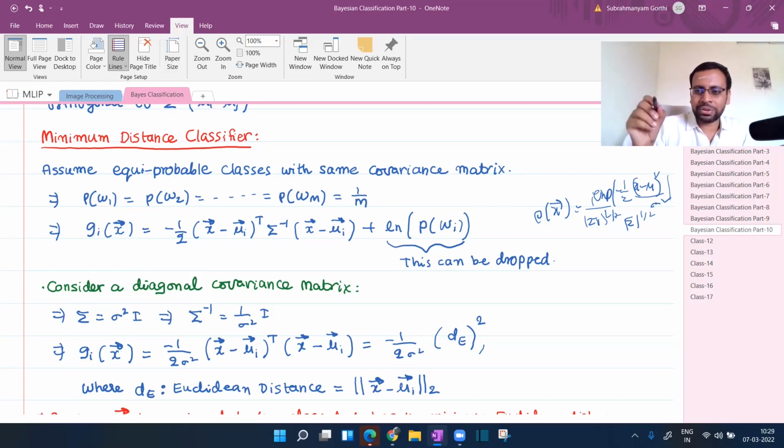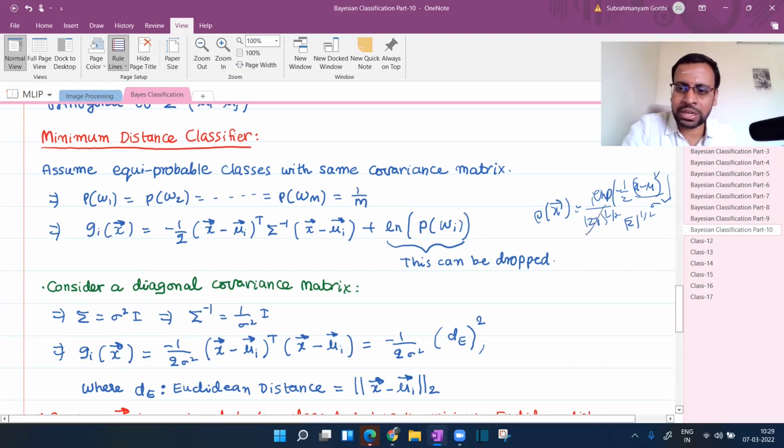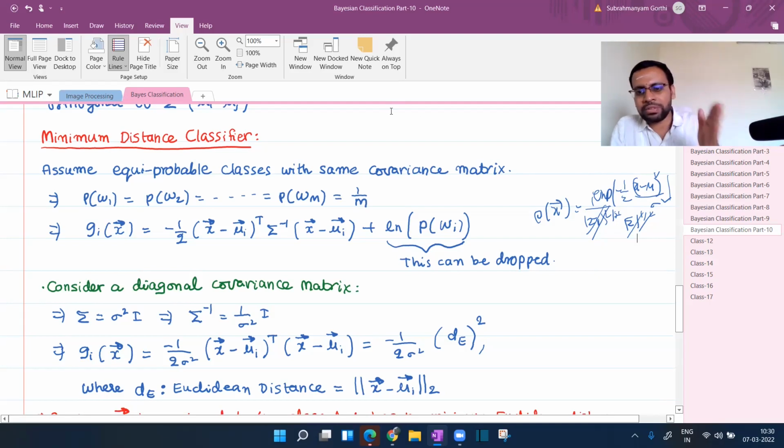So you take the logarithm, then we defined our monotonically increasing function by taking the logarithm of it. Then we dropped functions that are common, that dropped this root 2 pi. And anyway, covariance matrices are same, so this determinant of sigma got dropped here. Then all we were left with was this thing. I just made a quick summary or recap of how we arrived at this.